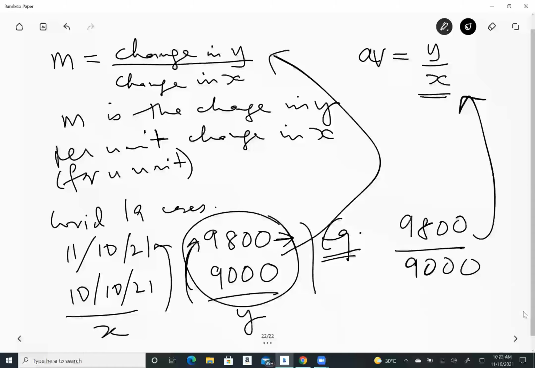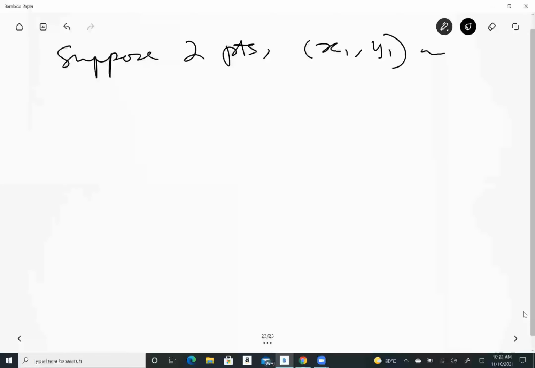In order to find the change in y divided by the change in x, we start with 2 points. Suppose one is x1, y1, and the other point is x2, y2.